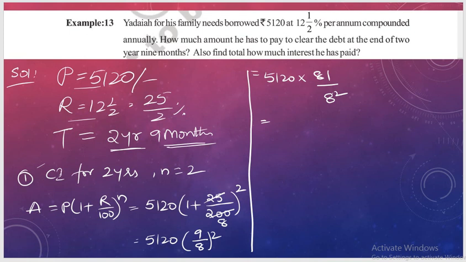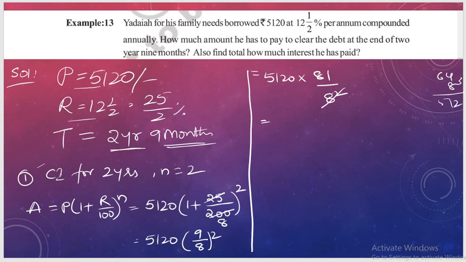Now what is 512? 8 cube is 512 only, no? 8 8s are 64, 64 8s is 512, right? 8 4s are 32, 8 6s are 48, 51.